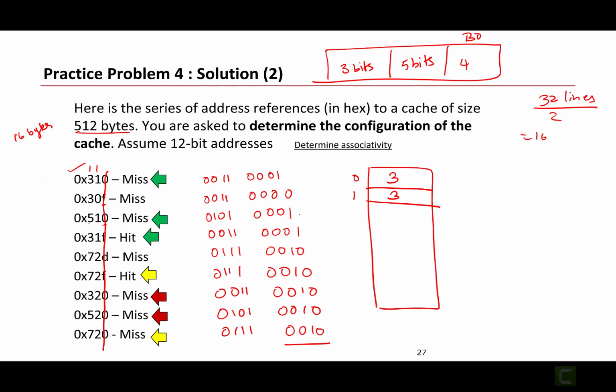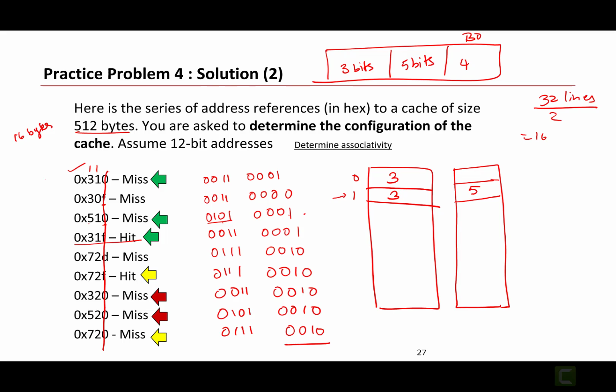And then we have a set index 1, tag 5, so the set index 1 would map to the same set. However, it's a two-way set associative cache, so I have 2 cache blocks per set, which means I have another cache line that maps to set 1, so I can store this tag 5 in the second way.